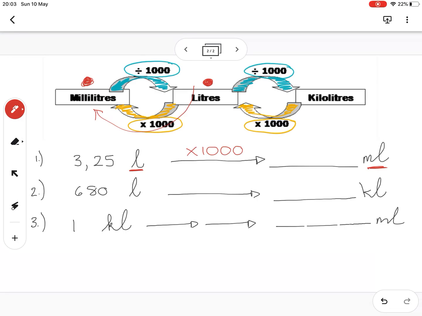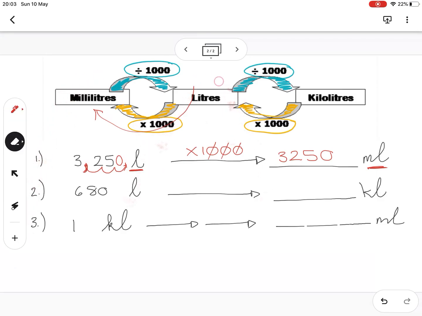So when I times by 1,000, I'm going to move the comma 1, 2, 3 spaces here. So let's look, 1, 2, 3 spaces, putting the comma there. There's a gap that I jumped over. In other words, that'll be 3,250 milliliters.